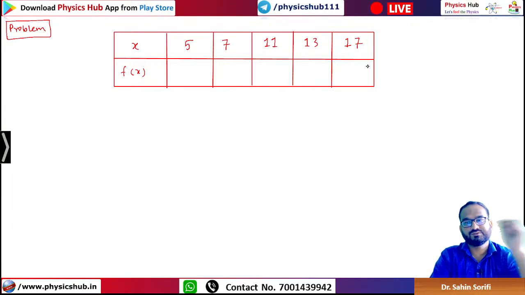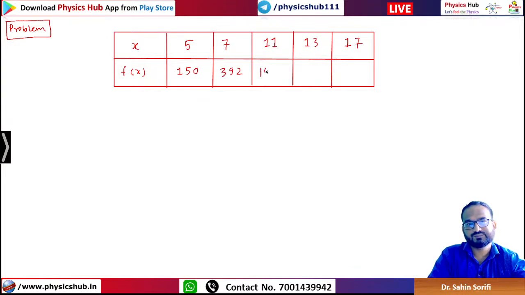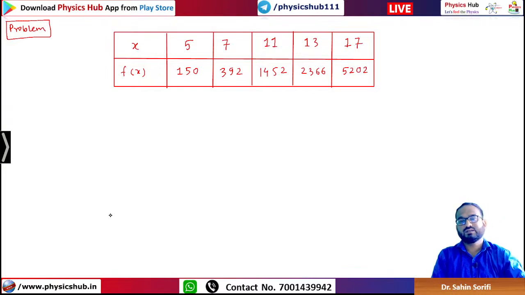So the values are not equispaced. 150, 392. The calculation will be a little bit lengthy, but it is okay. In your examination you may be given smaller values which you can easily tackle.